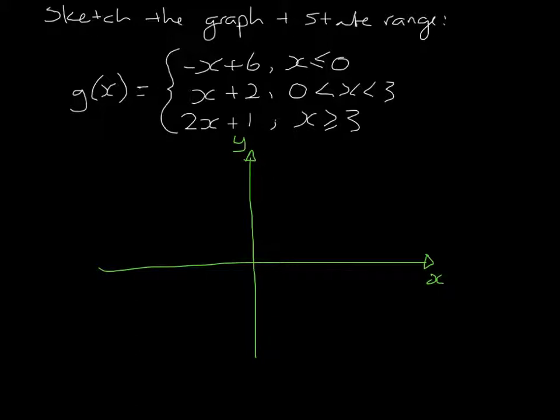X is 0, and we'll call that one there 3. On the y-axis we need to go up a little bit higher than 6, so I'll go 2, 4, 6, like so.